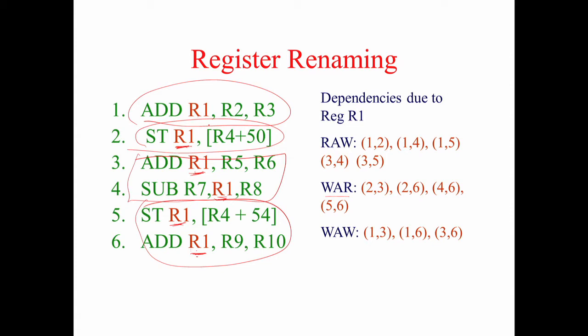If 1 and 2 are the ones that finish last, the value of R1 would be the one output by this add instruction rather than the other add instruction, and I have to somehow handle that. At this point, when I observe what should be the value of R1, I should get the value output by instruction number 6 and not instruction number 1.